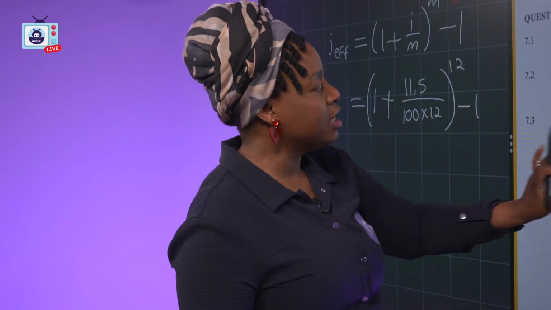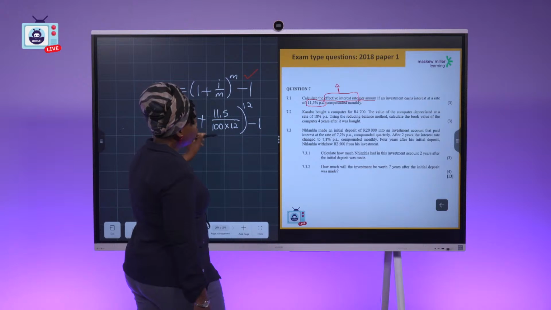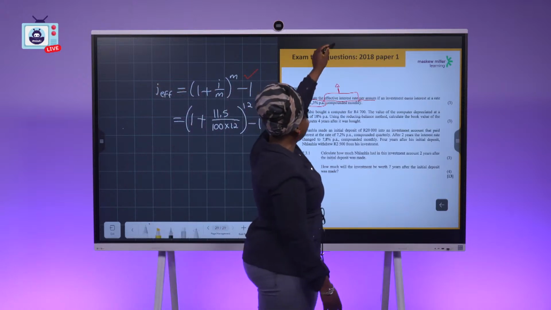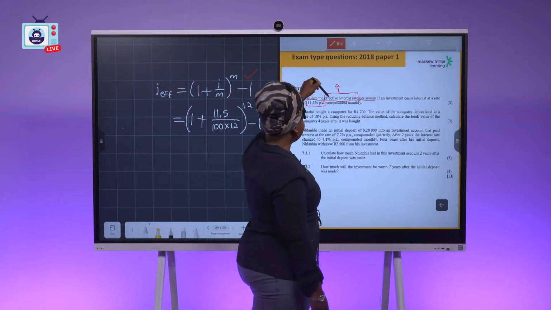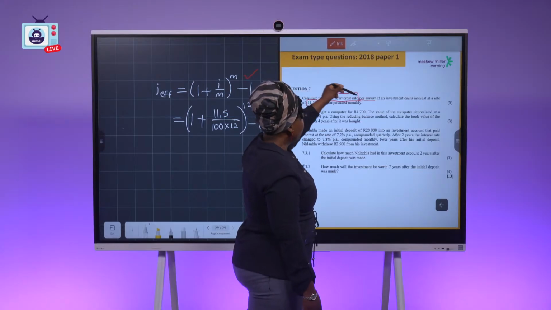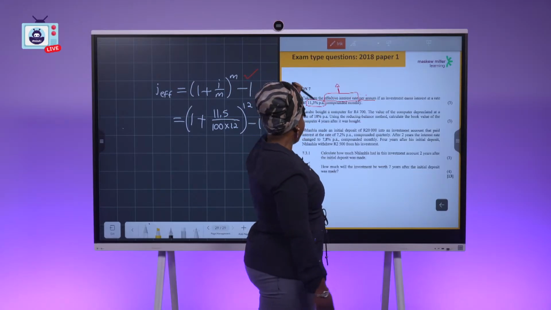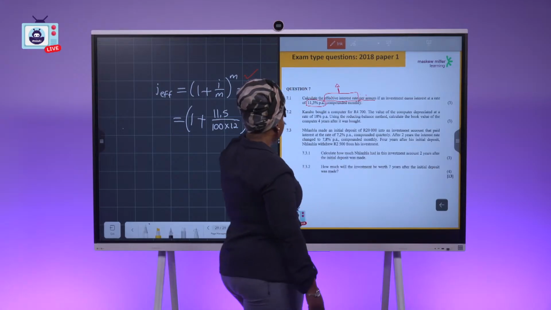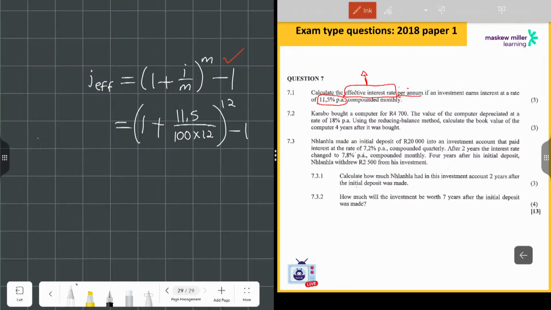If you do that, you would have also managed to respond to what they want in a nutshell. So look, they said we are looking for effective rate, which is per annum, and we have 11.5% per annum. So this is what we have, and it's compounded monthly, which is your 12 there. So immediately you have done it like that. Please do not do anything else. You just use your calculator and then you get the answer as it is.